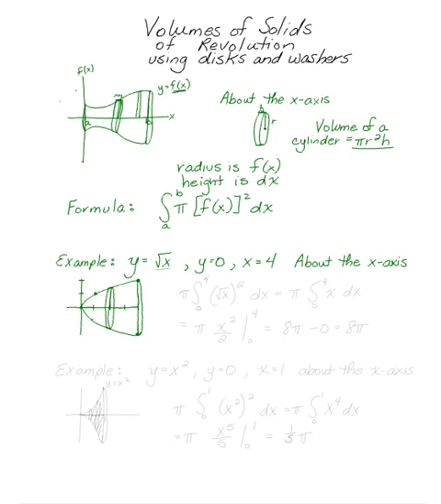Here's a representative cylinder that's in here. What we want to do is add up the volumes of all the cylinders that we see. So for this particular problem, we are going to integrate with respect to x. Our x values range from 0 to 4.